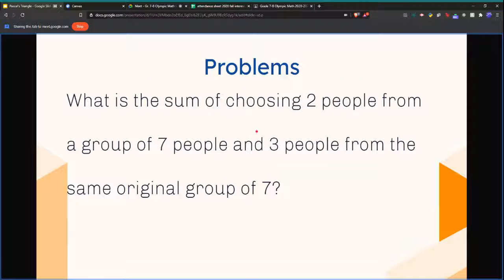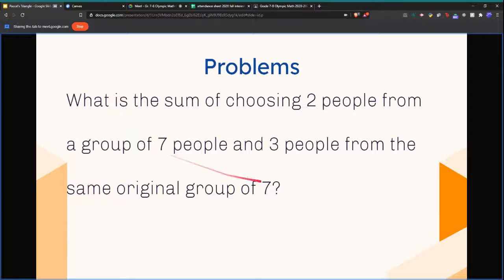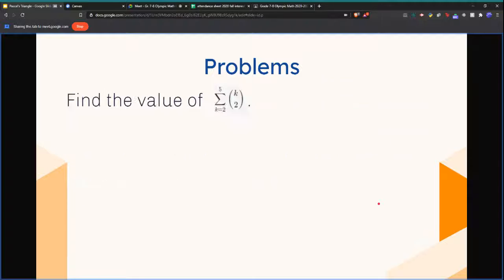No questions? All right, let's move on. Problem number 3. Find the value of this summation right here. I'll give you guys a minute or so to figure it out.